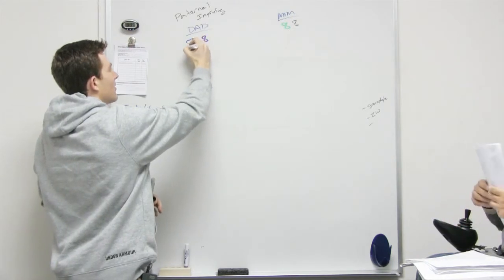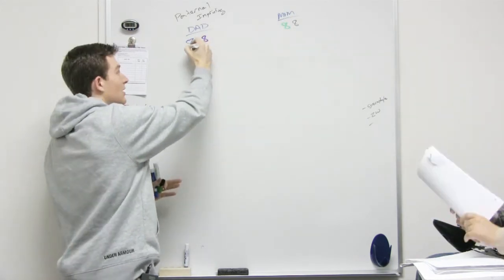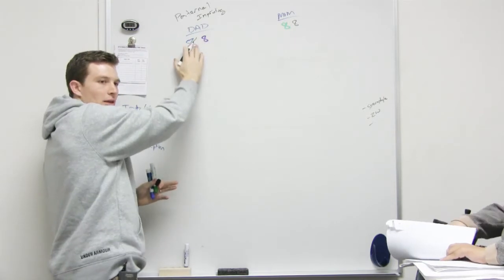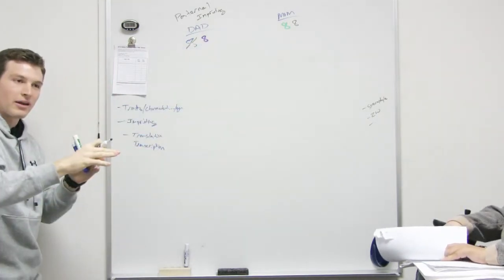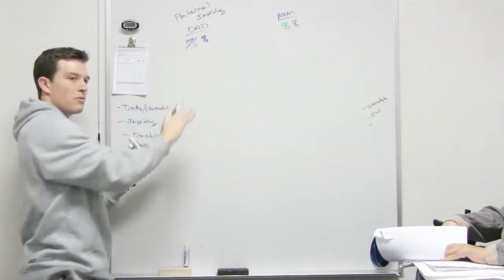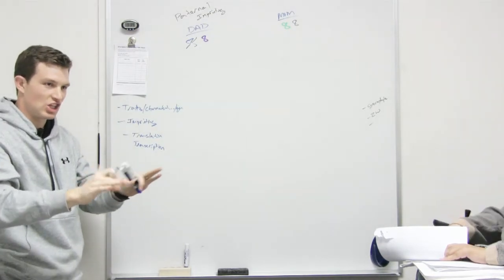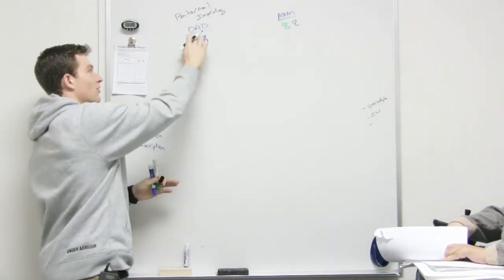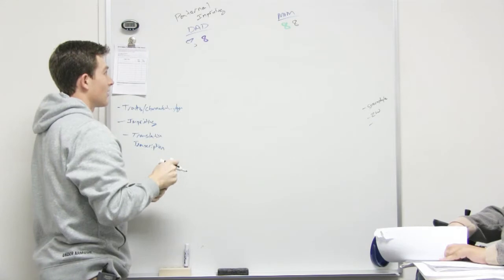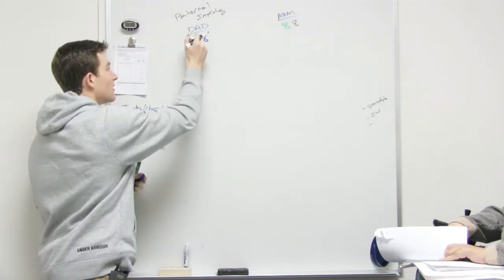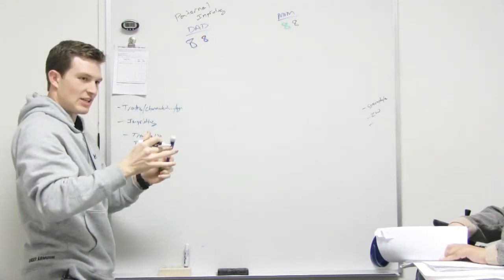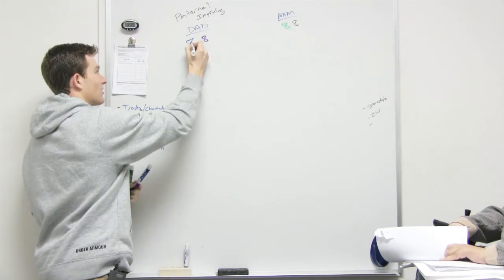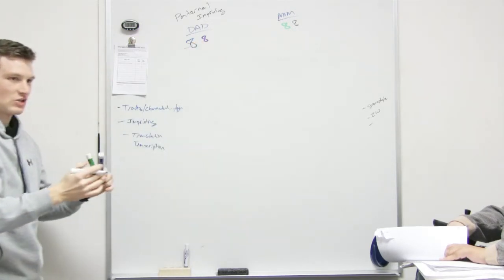If it's paternal imprinting, then that one will have a methyl group on it, which says we're not going to use this gene. And it's not the whole chromosome either, so I shouldn't draw it like that. It's just one gene, so I'm going to draw a line right here saying no, we're not using that gene.